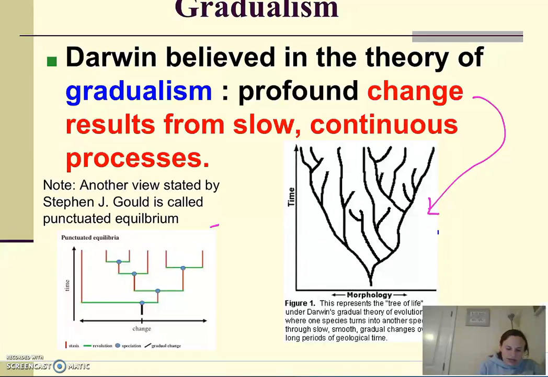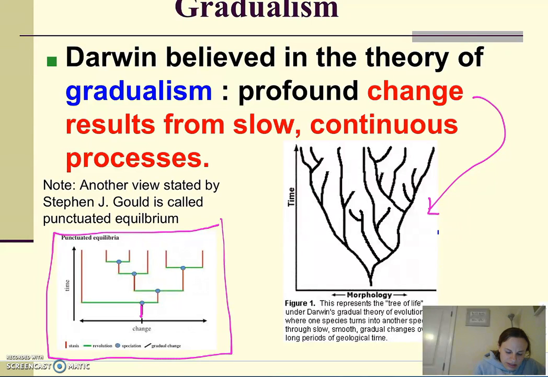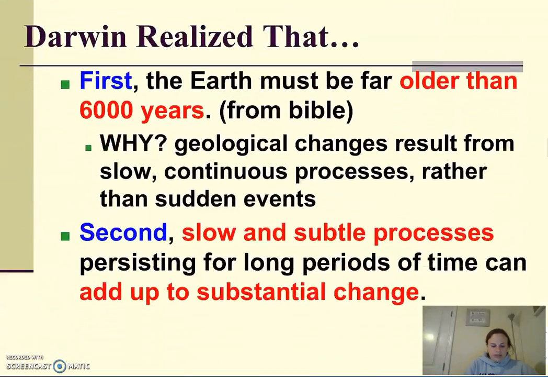Another view, stated by Stephen Gould, is called punctuated equilibrium, where there are long periods of no change, and then something happens and all of a sudden there's a drastic change, producing two entirely different species. Our current view integrates ideas of punctuated equilibrium as well as gradualism.